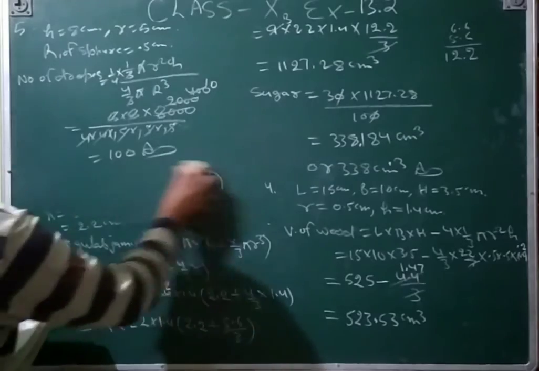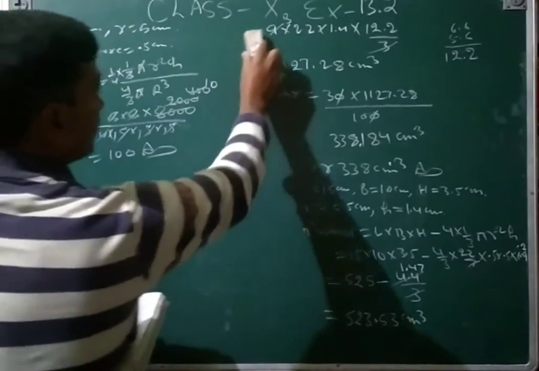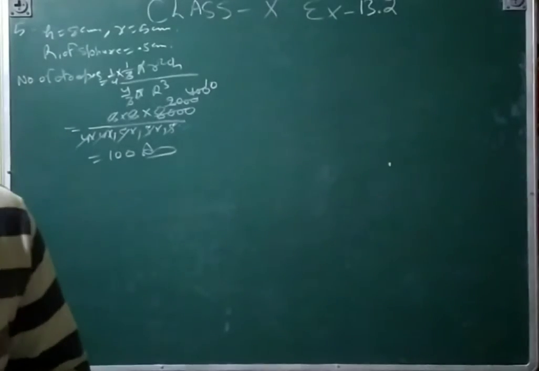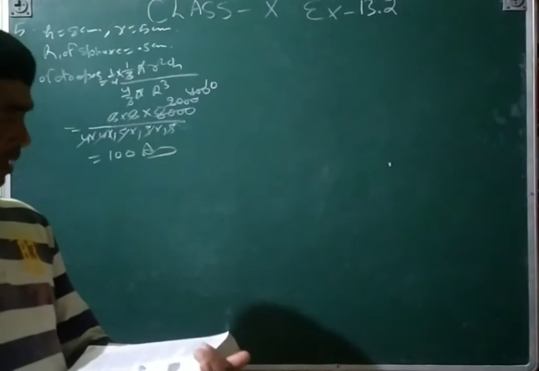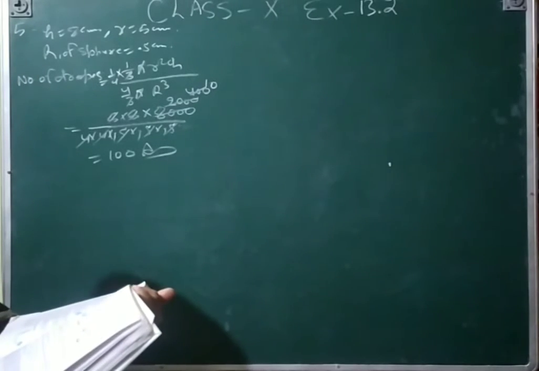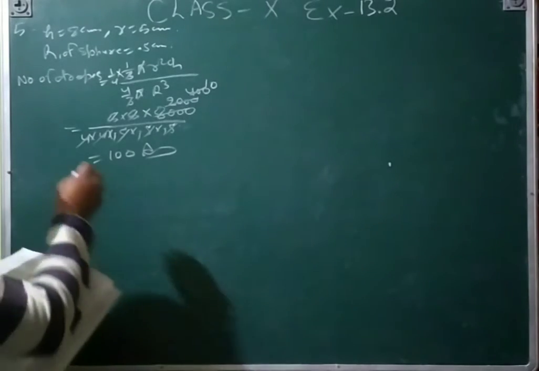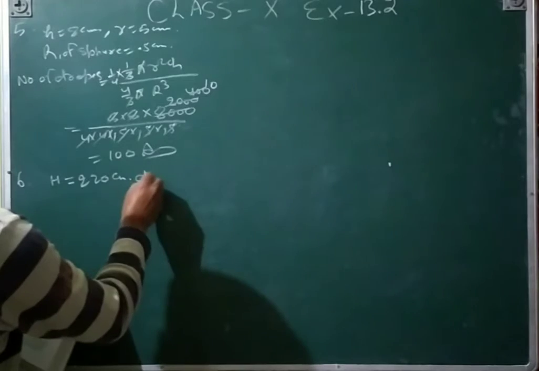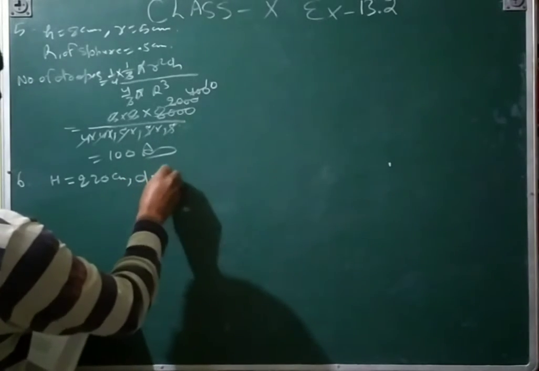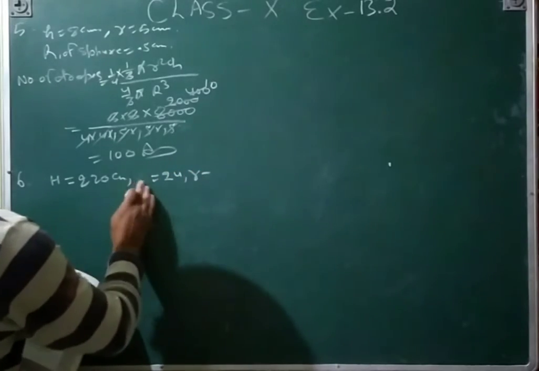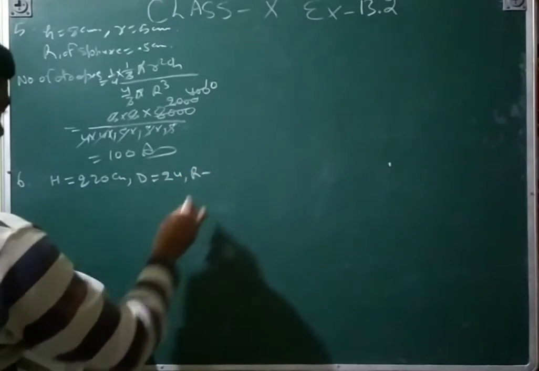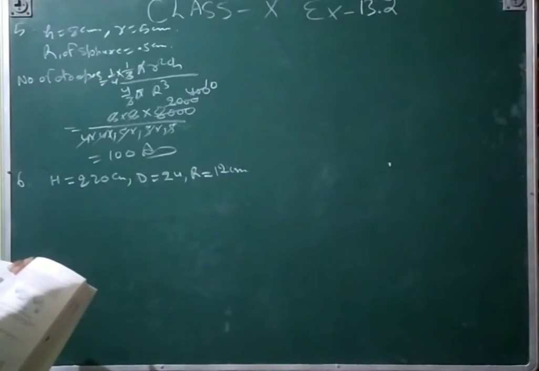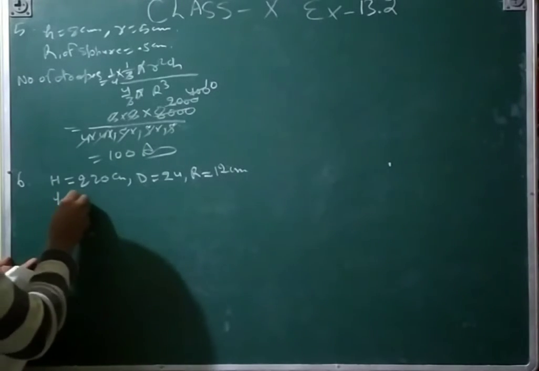And then question number 6. Question number 6: a solid iron pole consists of a cylinder of height 220 centimeter and diameter 24 centimeter, so the radius will be 12 centimeter, which is surmounted by another cylinder of height 60 centimeter.